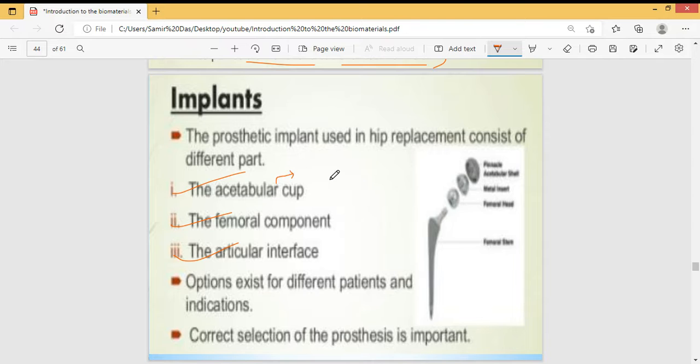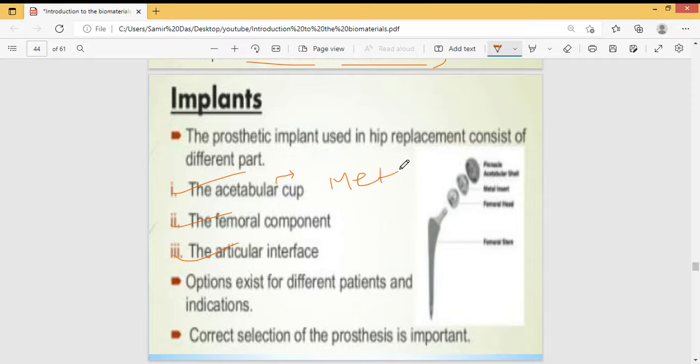We basically use metallic biomaterials, and sometimes we go for the ceramic part also. In case of the femoral component, this may also be a biomaterial under the metallic class, or it may come from the ceramic class also. And here we basically use two terms.